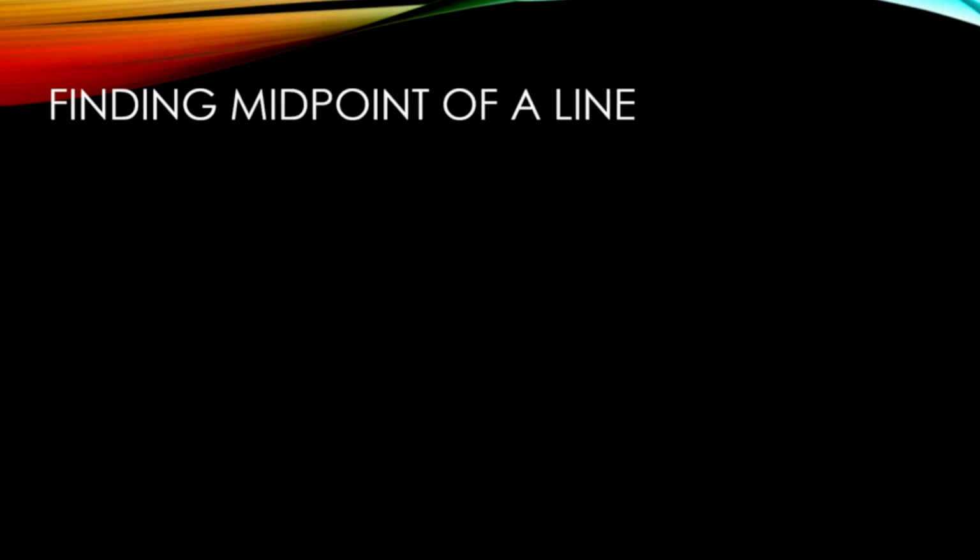Now, finding the midpoint of a line. Let me take the same line and the same coordinates over here. What is a midpoint? First let's discuss that. The midpoint of a line will be whatever is in the middle, the point which is in the middle. It is just what the word says. Now for finding the middle coordinates, we already know the change in x and change in y.